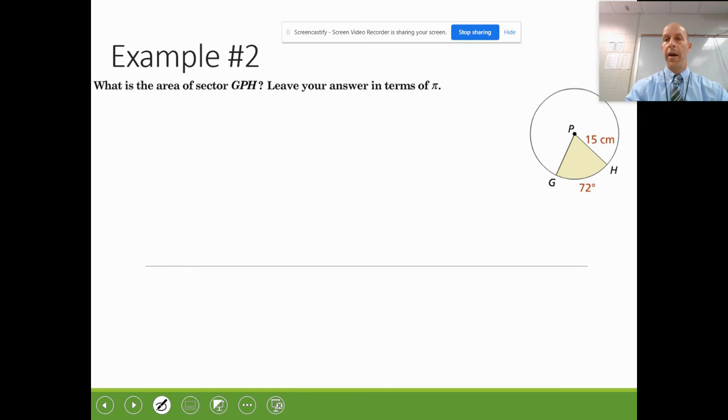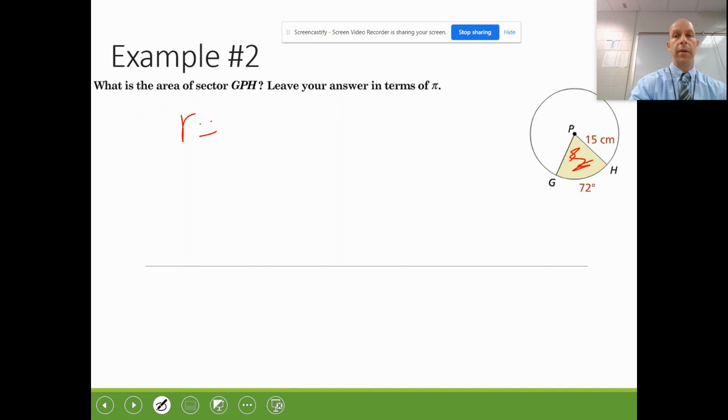So here we have a circle, and we are asked to find the area of this sector in the shaded region. We know that the radius is 15 centimeters. We know that the measure of arc GH is 72 degrees.